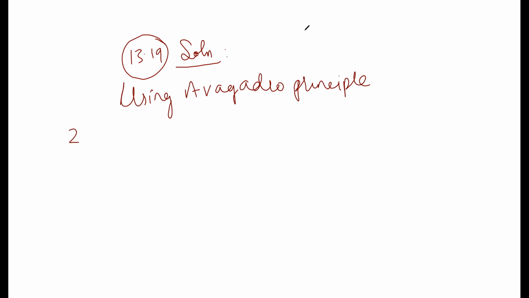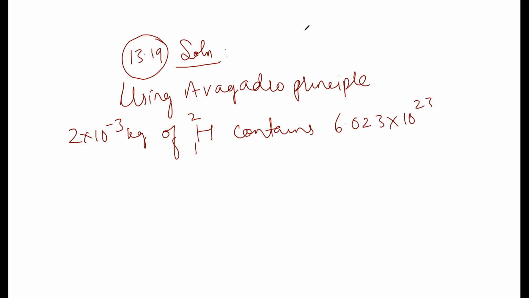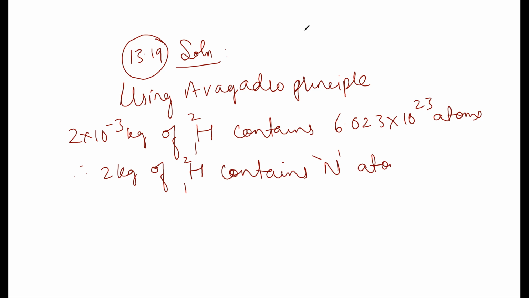So we calculate: 2 into 10 to the power of minus 3 kg of hydrogen having mass number 2 contains 6.023 into 10 to the power of 23 atoms. That means we have to calculate the number of atoms in 2 kg of hydrogen having mass number 2. Generally let us take it as n. So we have to calculate the n value.